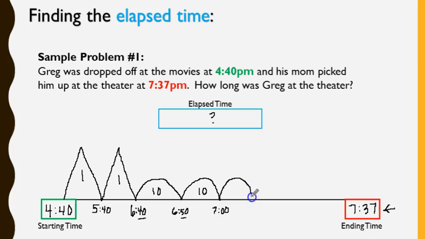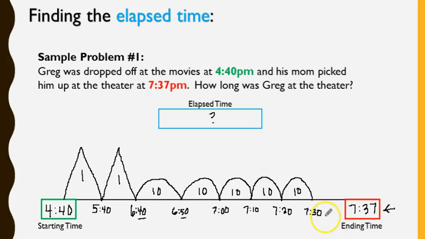Add another 10 minutes. It was 7 o'clock, now I'm going to make it 7:10. Add 10 more minutes. It was 7:10, now it's going to be 7:20. 10 more minutes would be 7:30.